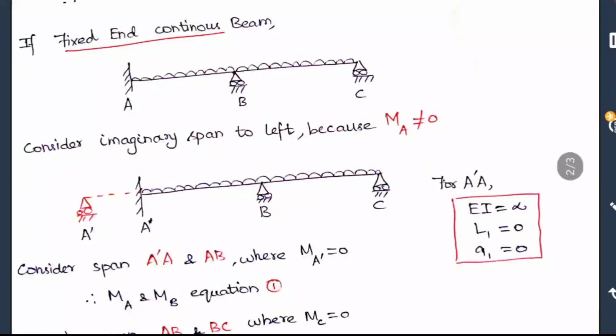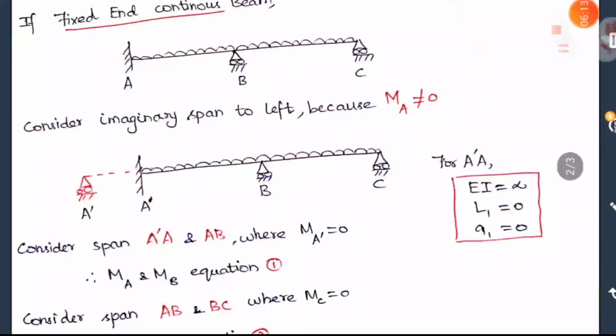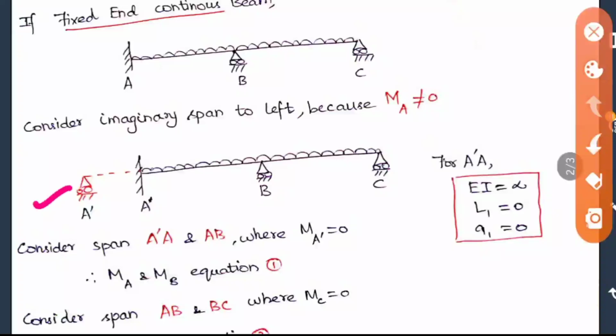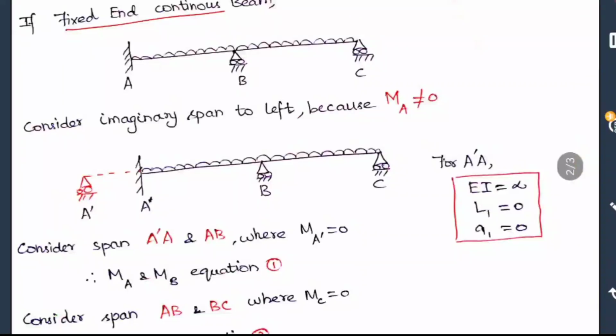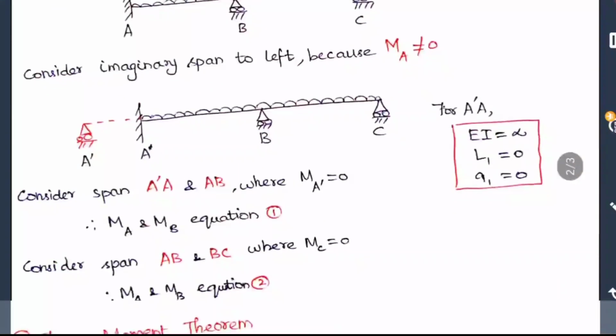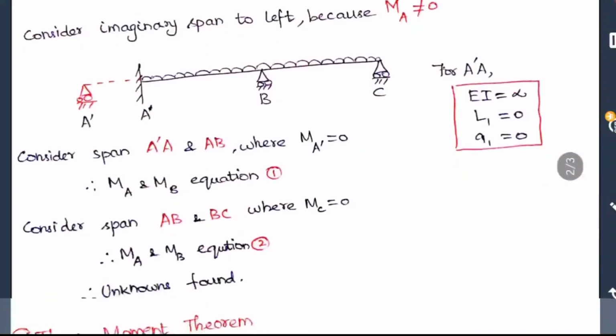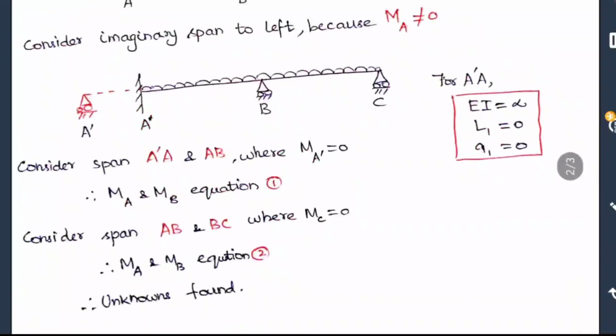In the red color line I have drawn now, I have named it A dash. So again we have to follow the same procedure which we did before. Here I have considered the span A dash A and AB. With that you will be getting an equation, in which you can apply MA dash is equal to 0.